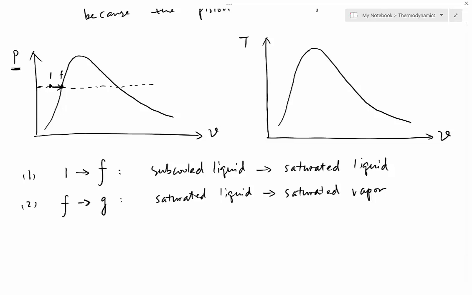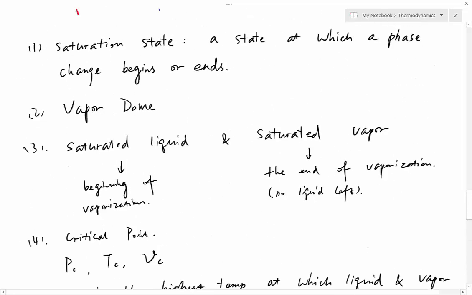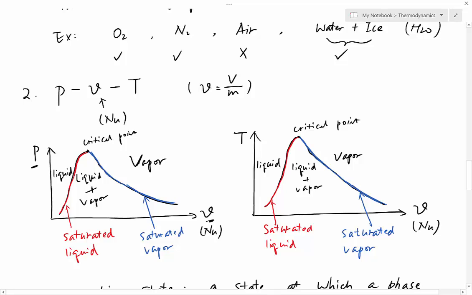So now can you locate point G? Saturated vapor. If you forgot, we can go back to this diagram. Okay, let's take a look at this P versus nu diagram. Where is saturated vapor? On the right half of the vapor dome indicated in blue.